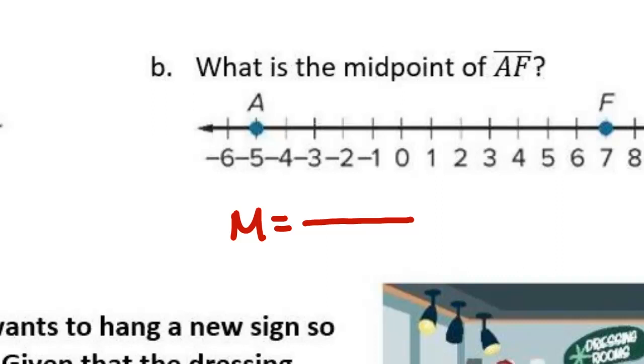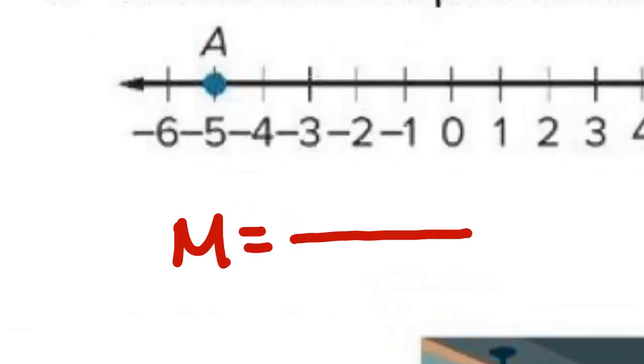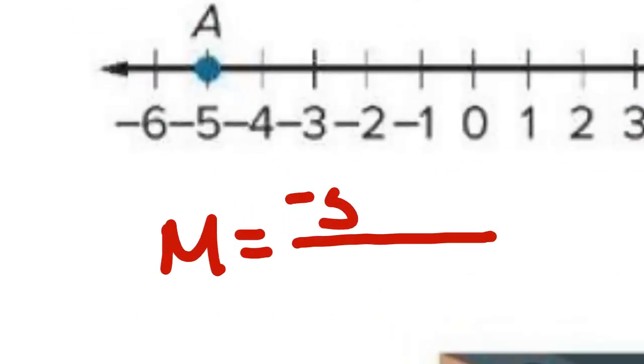Well, is it going to matter if I do A and F or F and E? Does not matter. That's a great question. Just like when we were doing distance where it didn't matter which order you did the numbers in, when we're finding the midpoint, it does not matter which order you do the numbers in. So it doesn't matter whether you do -5 plus 7 or 7 plus -5. You're going to end up with the exact same answer either way.